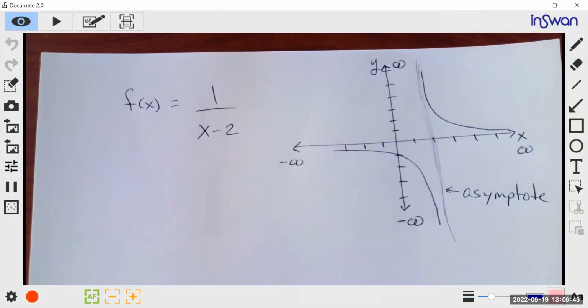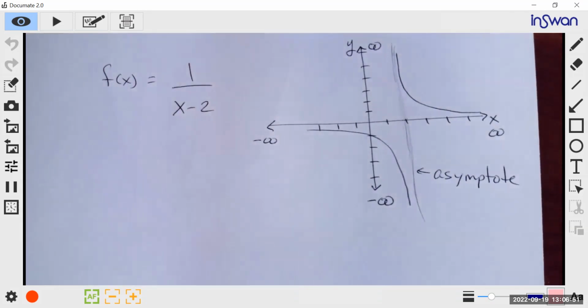Does anybody remember what an asymptote is? No, I don't remember. It's been a couple of years. Is it when it's opposite? Nope.